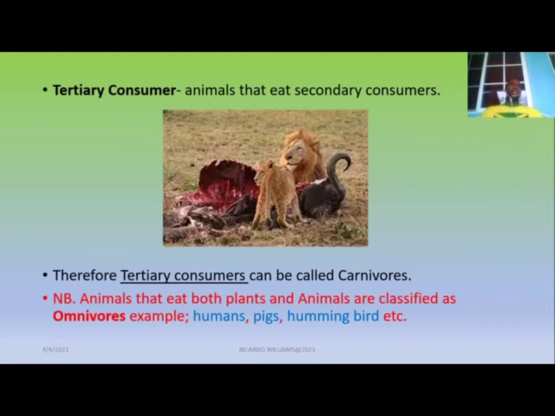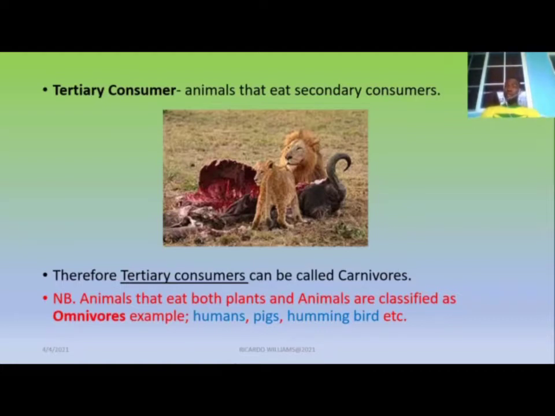But you have some other consumers now. There's another group that we classify consumers into, and that is omnivores. And what omnivores do is that they are different from carnivores and they are different from herbivores. They actually feed on both plant products and animals, right?